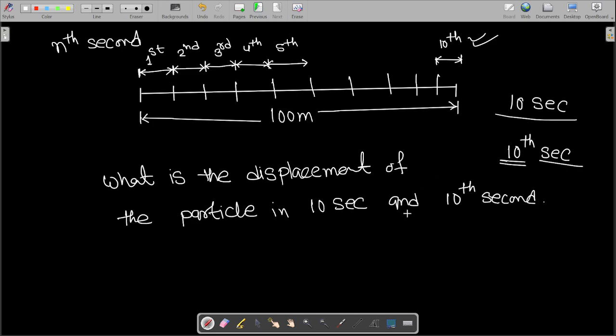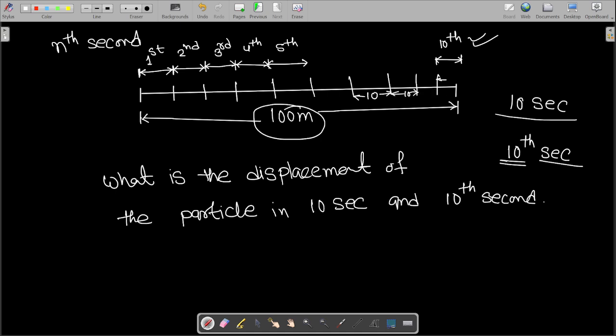Anyone? If this is a 100-meter line and I divide it into 10 equal parts, then each part will be of 10 meter.